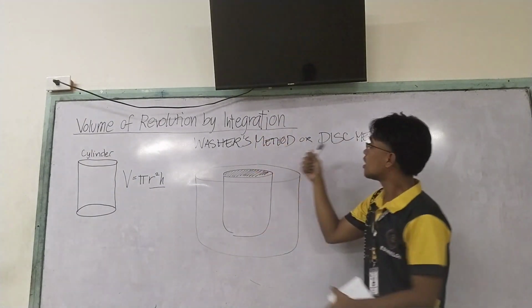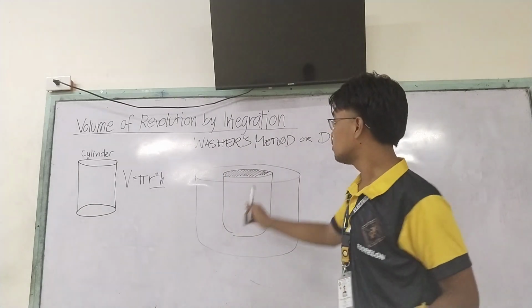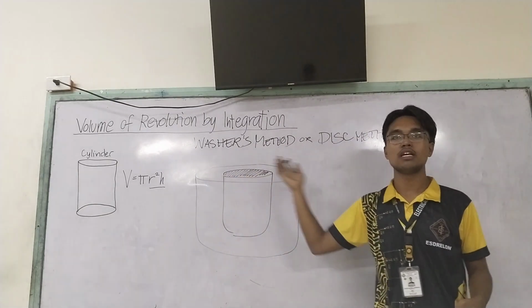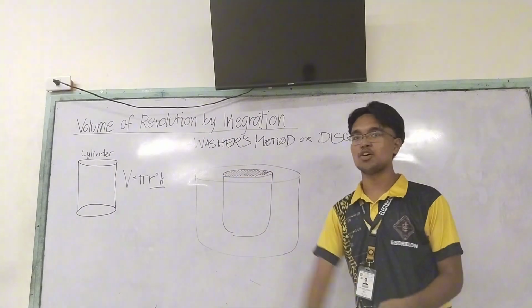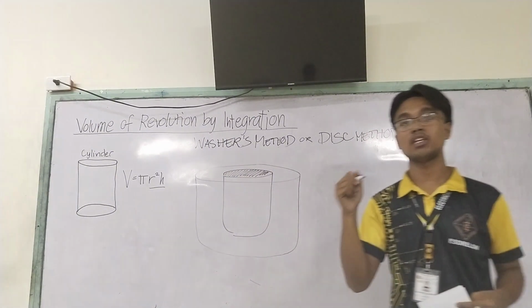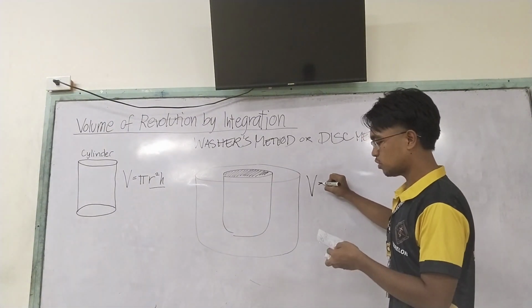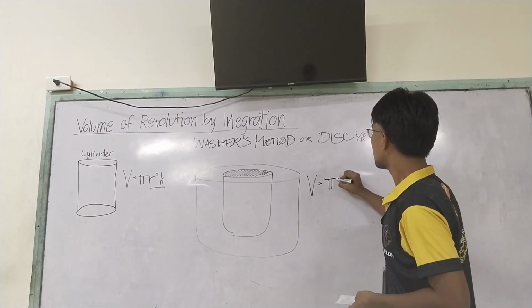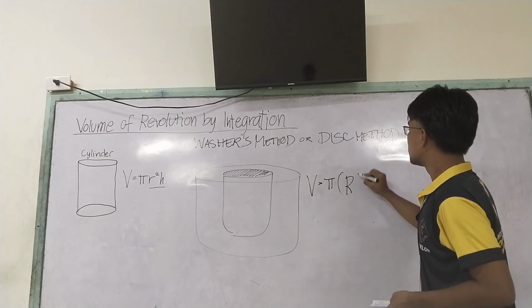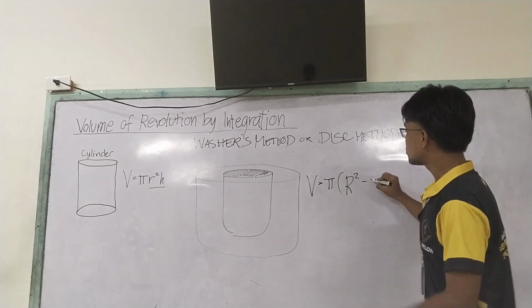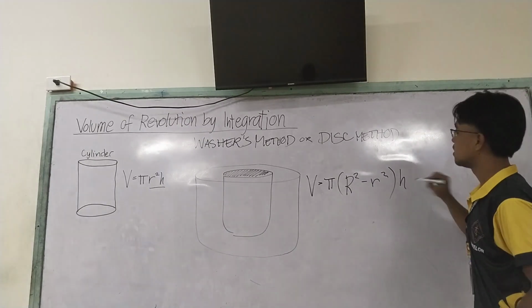What I think is that in the Washer's method, since it is a circle, the top of it is a circle that also has a small circle inside it. So the new formula of this method is volume equals pi times the quantity big R squared minus small r squared, times height.